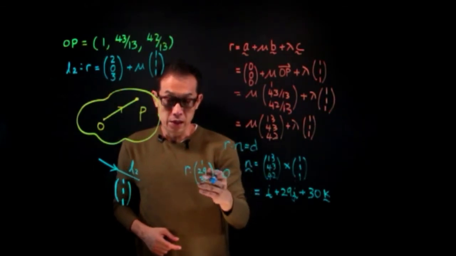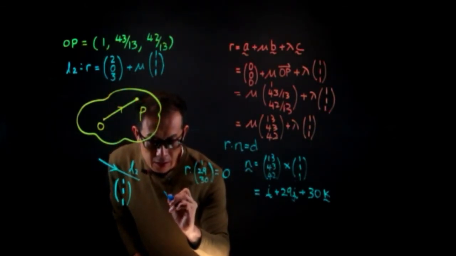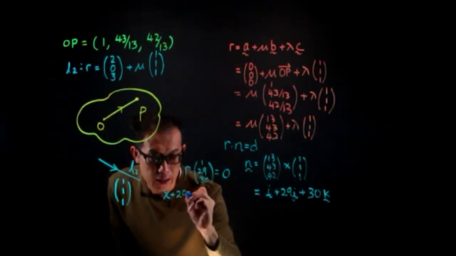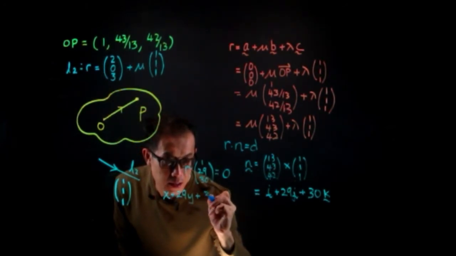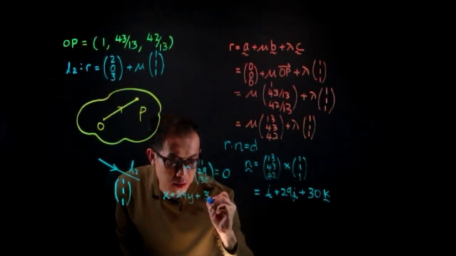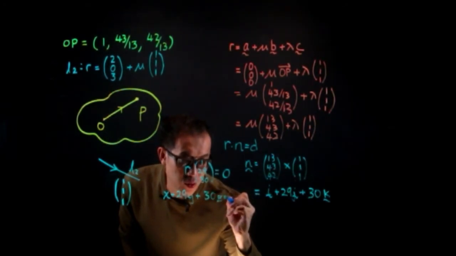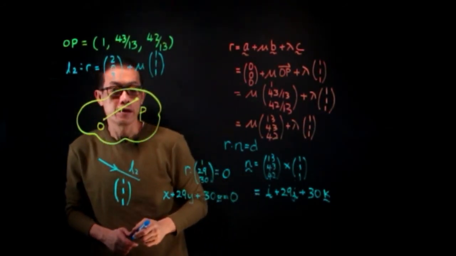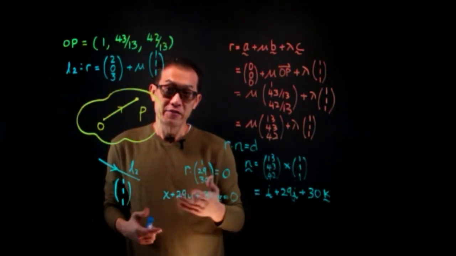So the Cartesian equation will be given by x plus 29y plus 30z equals 0. Okay, we have come to the end of the question. Thank you for watching and have a nice day.